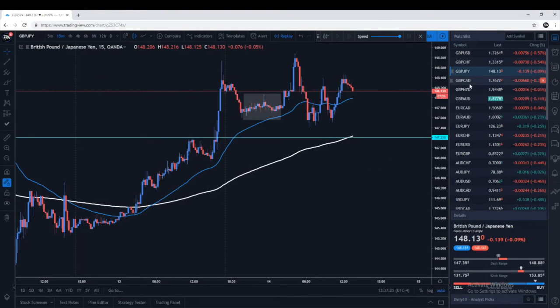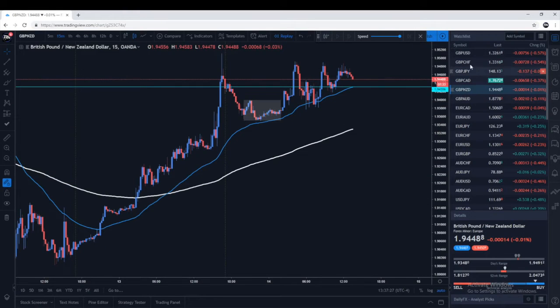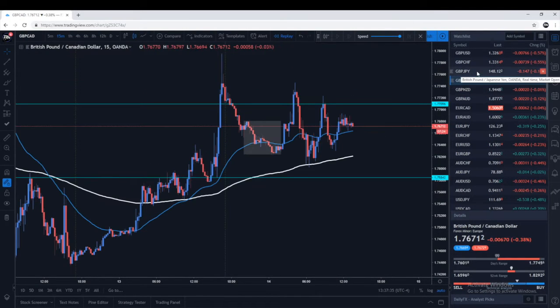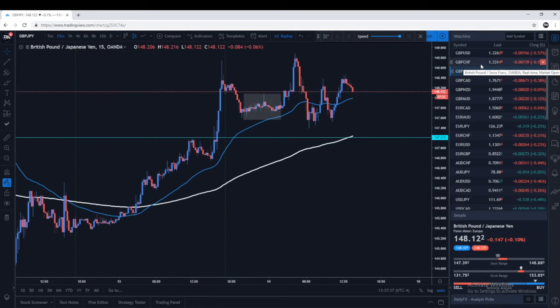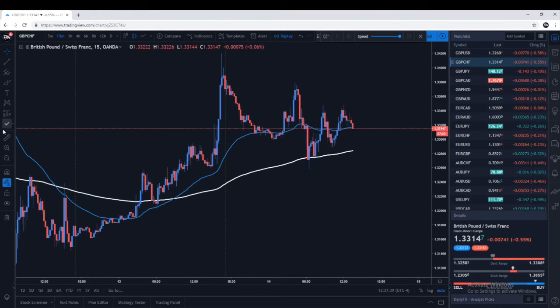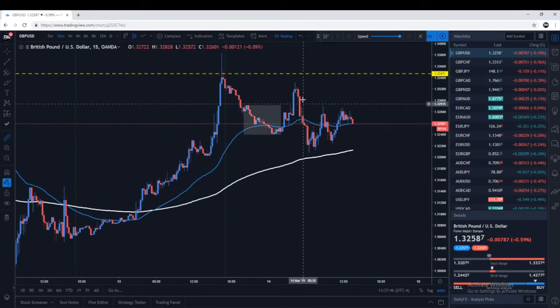And you can see they all pretty much did very similar things, depending on, you know, obviously each pair is different. So some of them went to the 50, other ones went to the 200, right? But no matter what, all of them did at least 30 pips to the 50.